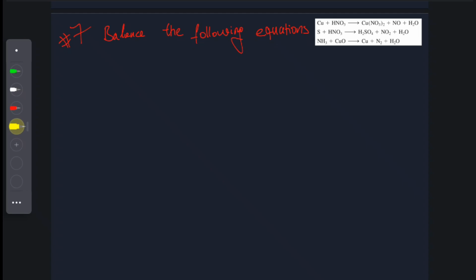So balance the following equations. Firstly, I will just balance the first one.